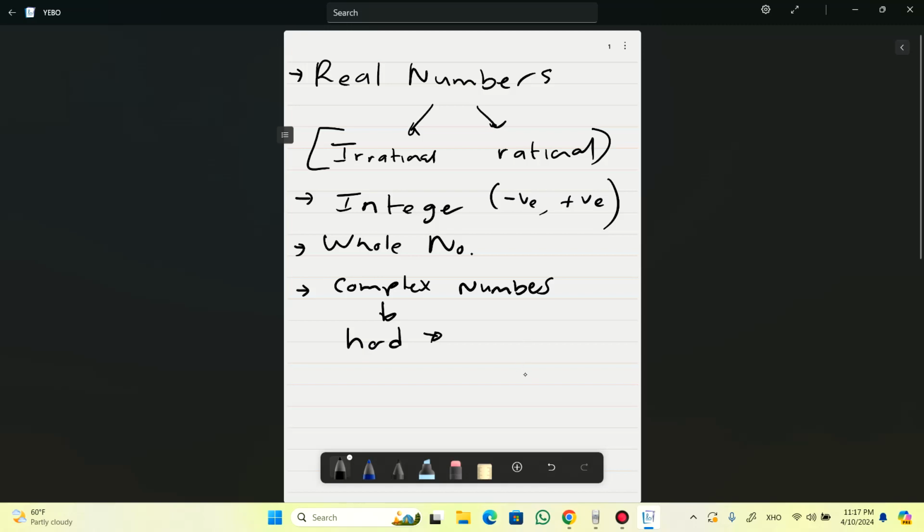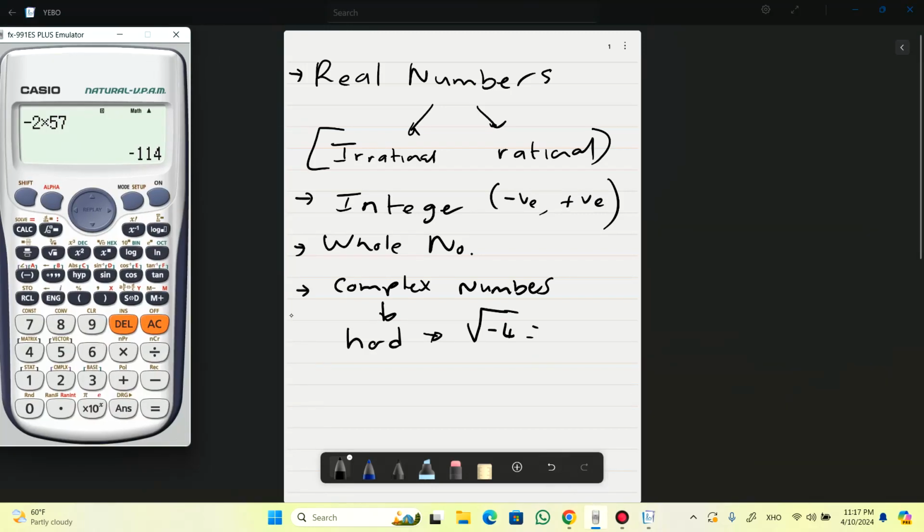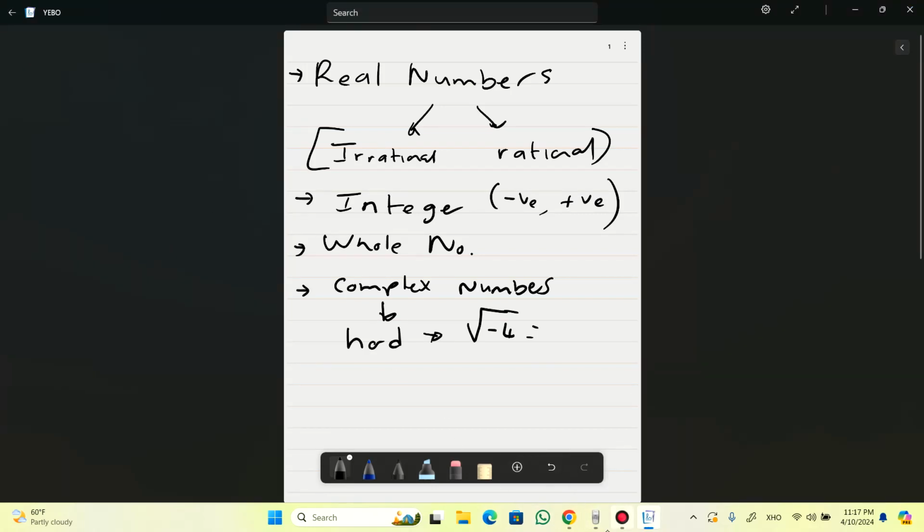I'm not going to do this because this video is specifically for grade 8, 9, 10, 11 or 12, so this is out of their jurisdiction. But it's something like this: if I have the square root of -4 and plug it into your calculator, you get a math error.